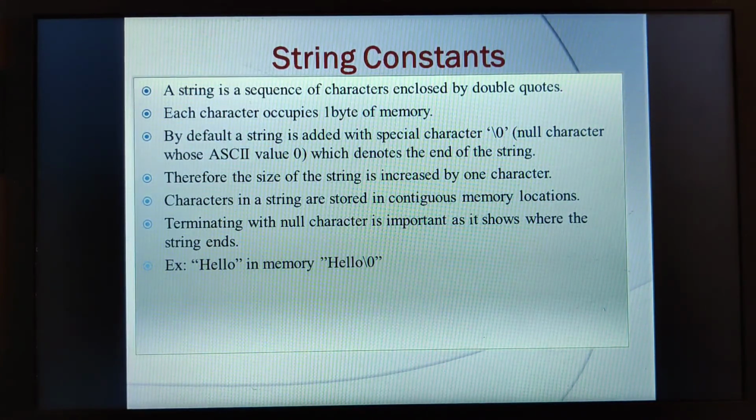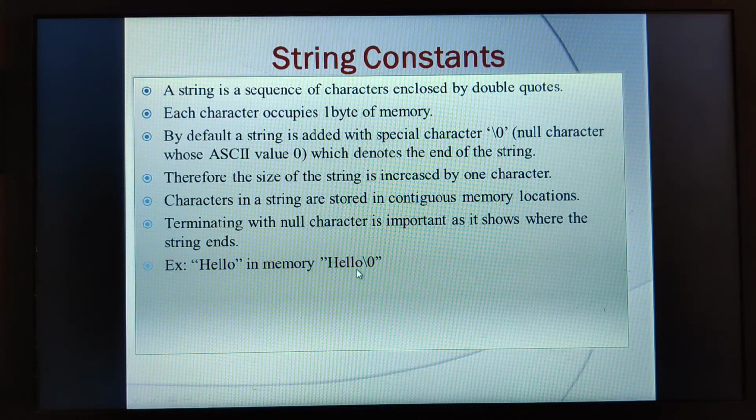Then how is it stored in memory? Next question is how it is stored. HELLO, then with the null character. If I want to represent the null character, it should be given with the escape sequence, that is the backslash you can see here. So this null character indicates that it is the end of the string.